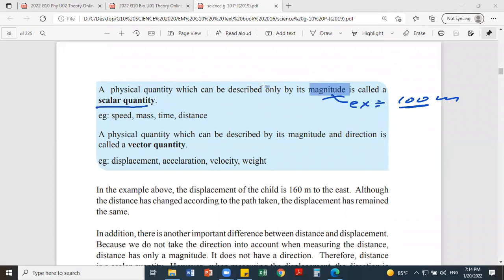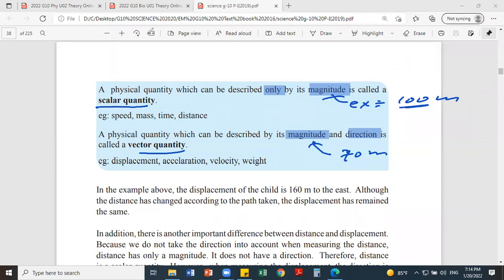Here both magnitude and direction are there, then we call it a vector. So it's not hard, very easy. Both have values. The displacement will be less than the distance, say 70 meters, because distance will always be greater than the displacement between any two points.